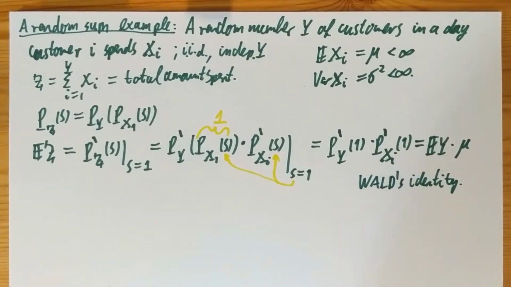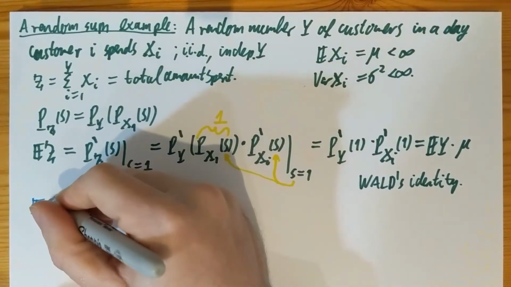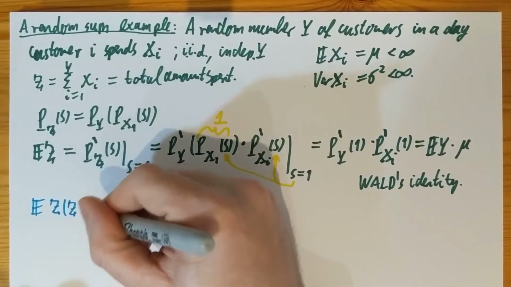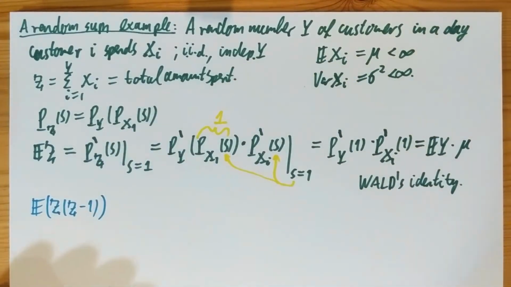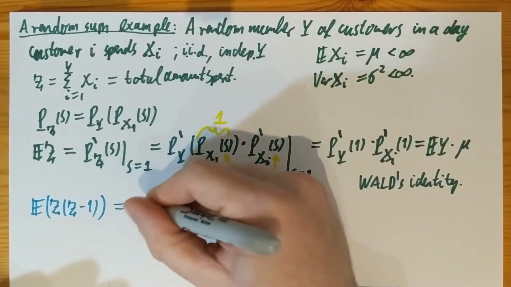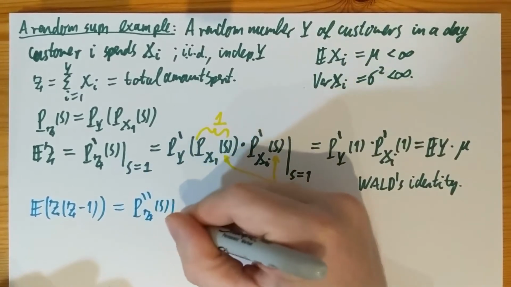The other thing I want to do is turn to the variance. And how can I do the variance? Well, remember that I don't do variances directly from generating functions. What I can easily access from generating functions is the second factorial moment, expectation of Z times Z minus 1, because this is going to be the second derivative of the generating function at s equals 1.